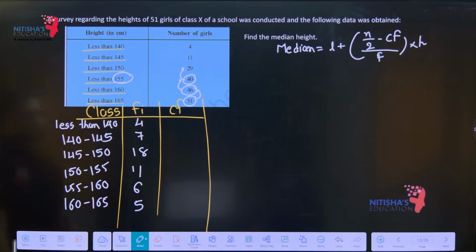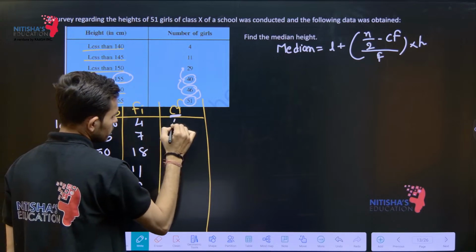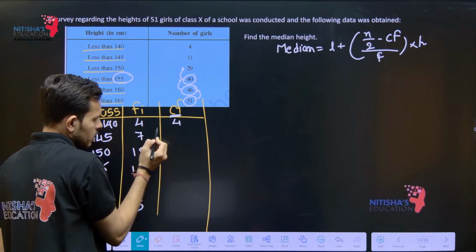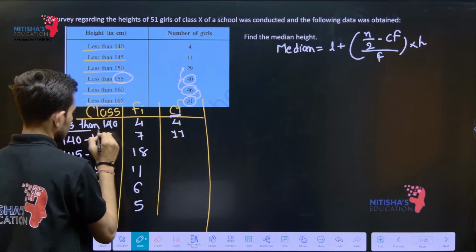Now how can we find Cf? First write down the frequency, which is 4. Now add the second frequency, 7, to 4. So 7 plus 4 will be 11.